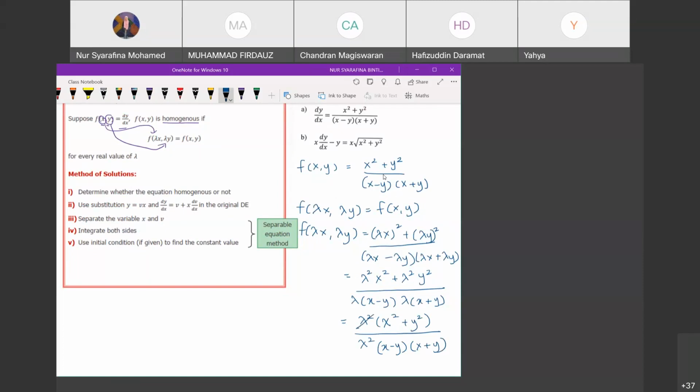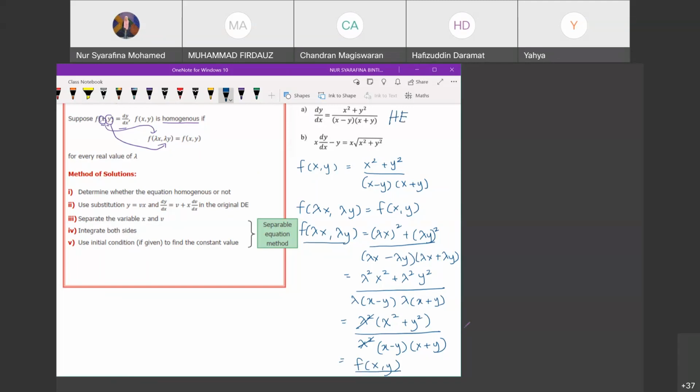Then you can omit the lambda squared. So this is equals to f x y. Now when f lambda x, lambda y equals to f x y, then we call it as homogeneous. So this function is homogeneous equation.